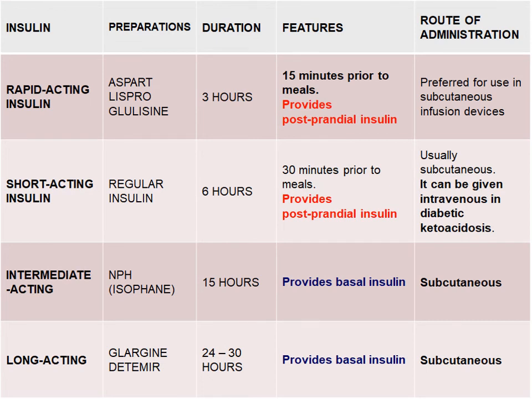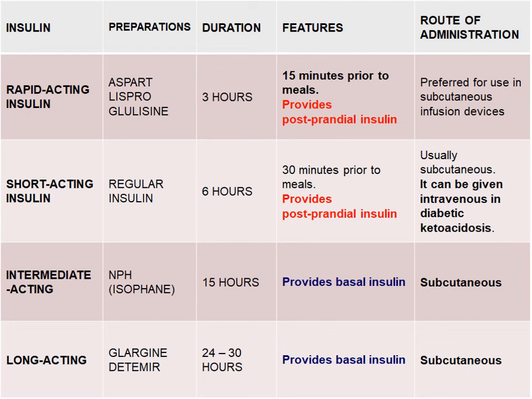This slide shows the different types of insulins: rapid, short, intermediate, and long-acting insulin, the preparations available from each type, duration of action, some features or characteristics for each group, and the route of administration.